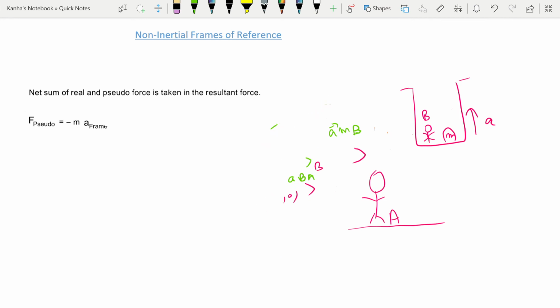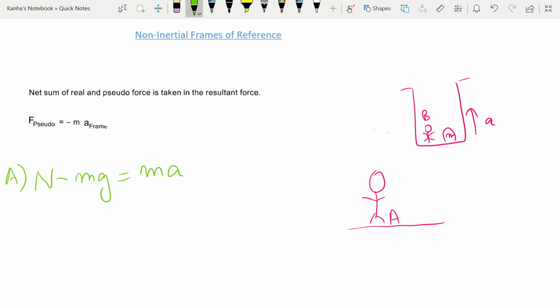You are going up in the lift and a mass is kept in front of you. Now you look at the mass and I am looking at the mass. For me, let me write the equations of motion of this mass. I see that the mass is going up. So I can say that there will be a normal reaction on the mass, there will be a weight of the mass, and the mass is going up, so there will be an acceleration.